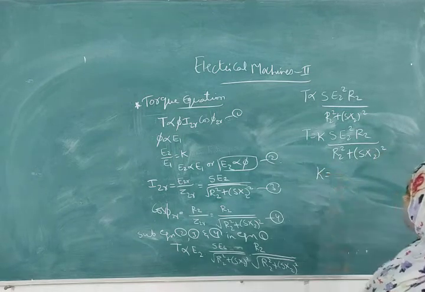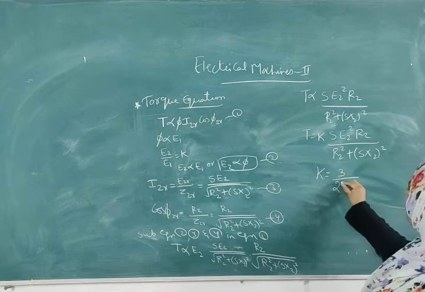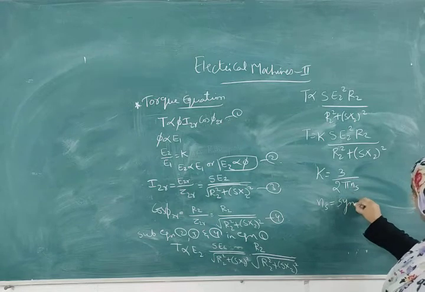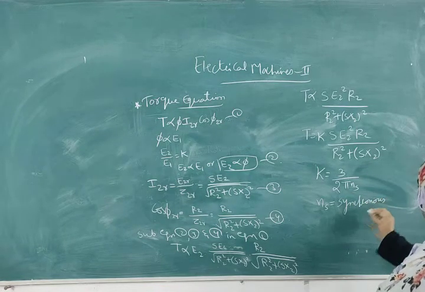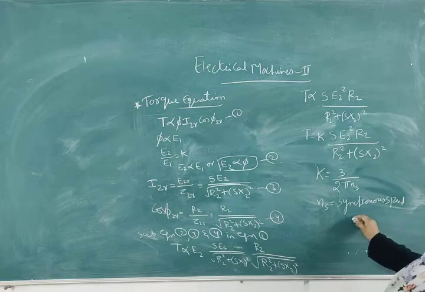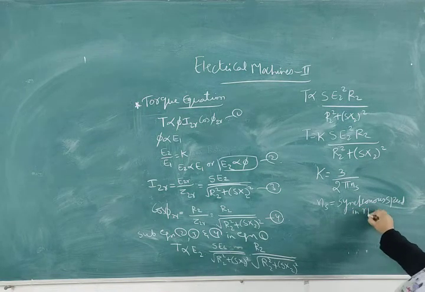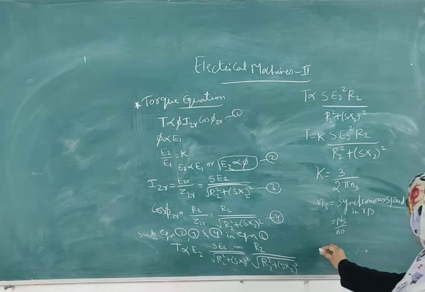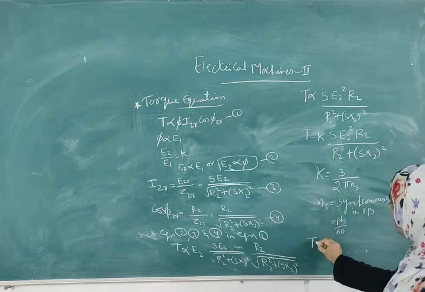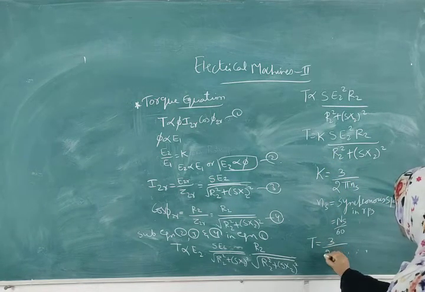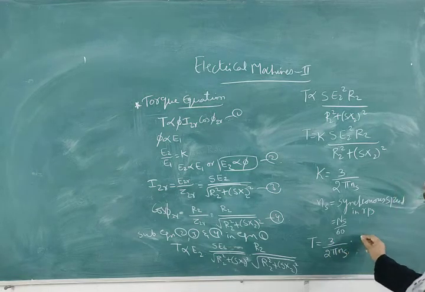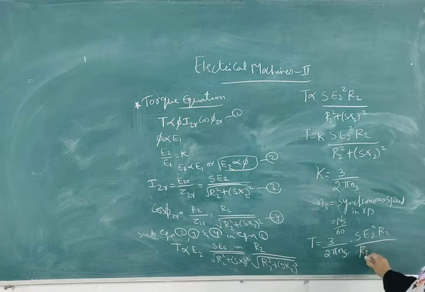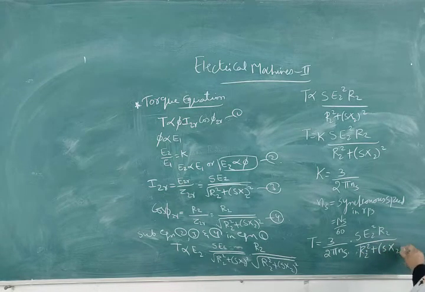Now for a 3-phase induction motor, the K value is derived as 3 by 2 pi ns, where ns is the synchronous speed in RPS, and its equation is given as Ns by 60. So substituting the K value in the torque equation, T is equal to 3 divided by 2 pi ns times SE2 square R2 by R2 square plus SX2 whole square.